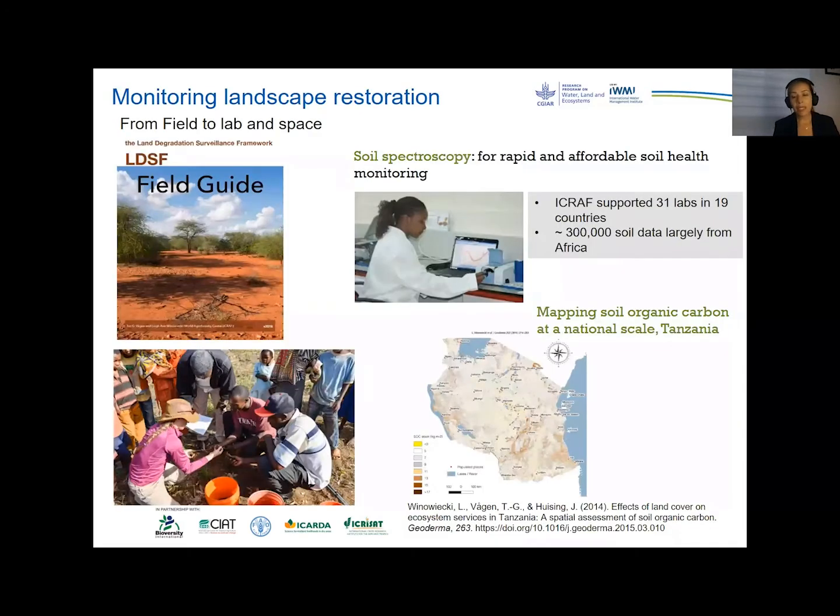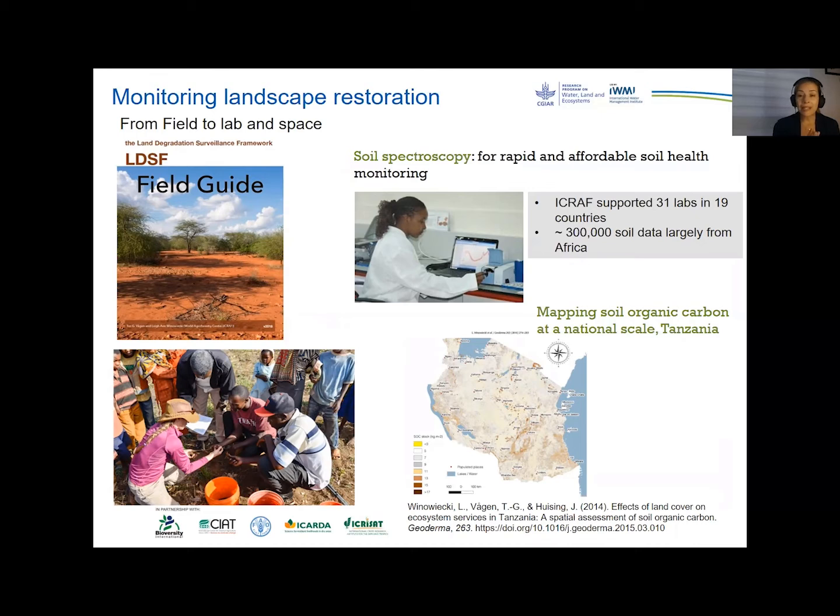The other aspect that we also want to bring here is monitoring landscape restoration. What happens after investment? How can we improve our accountability in terms of delivering the expected impacts of restoration? WLE has made an important contribution in developing and implementing monitoring frameworks to assess soils at large scales with a lot of efficiency and at a lower cost.